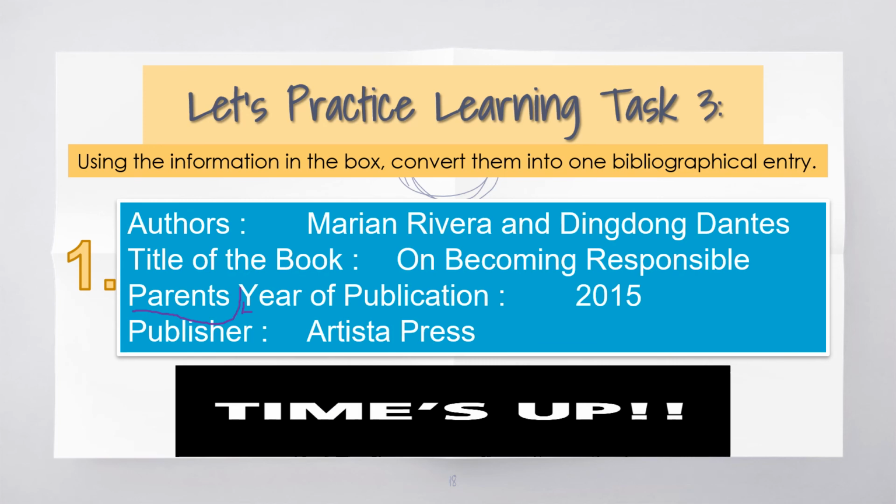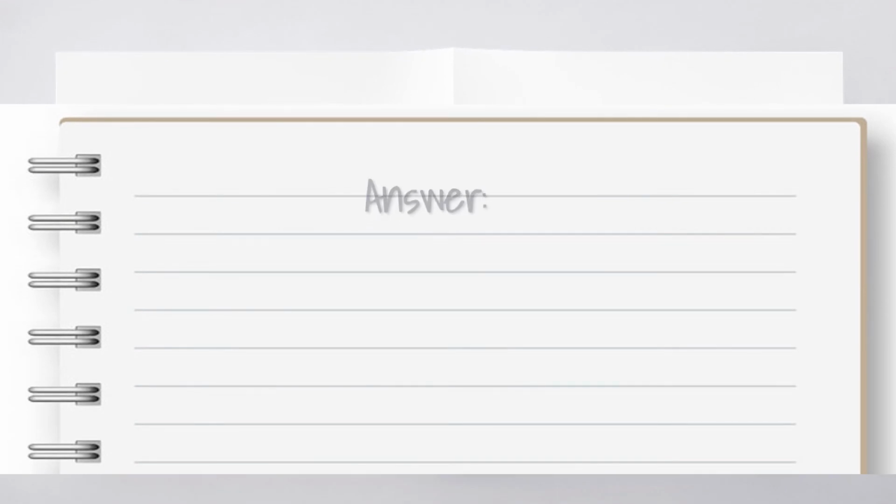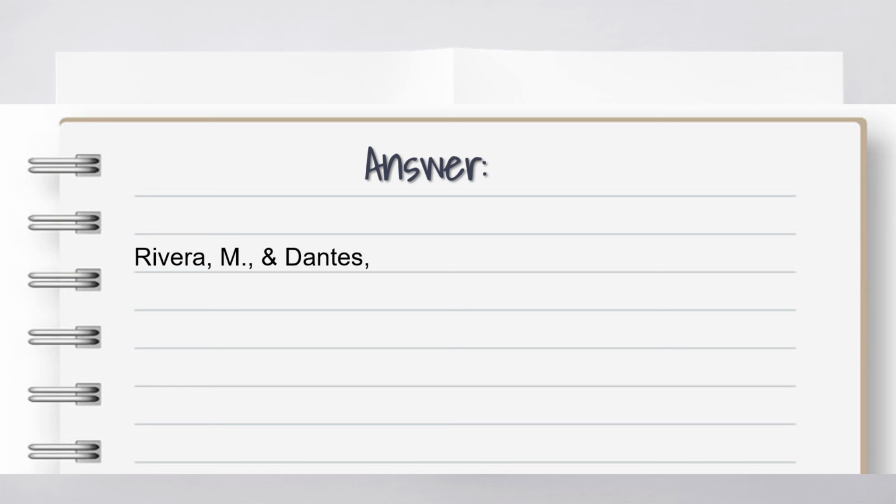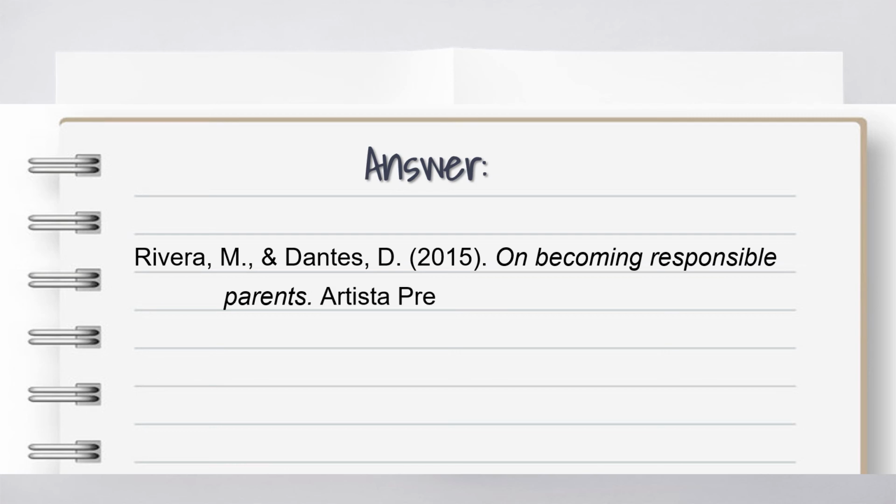Now let us check your work. And the answer for number 1 is, check your own paper and then do some corrections if there are, okay? So it will be Rivera, comma, M period, comma, ampersand, Dantes, comma, D initial, period, and then followed by 2015 inside the parentheses, and then period, and then the title of the book, On Becoming Responsible Parents.